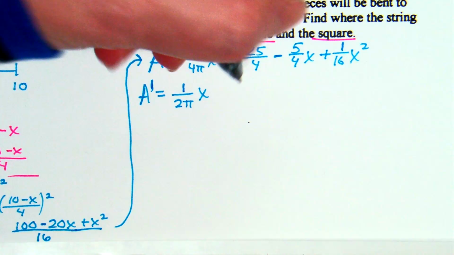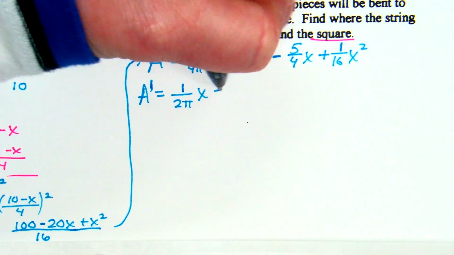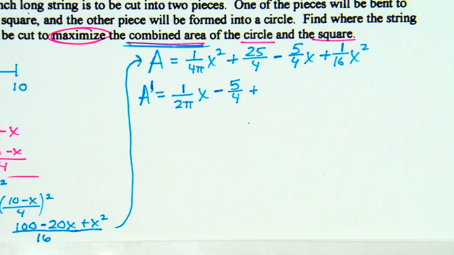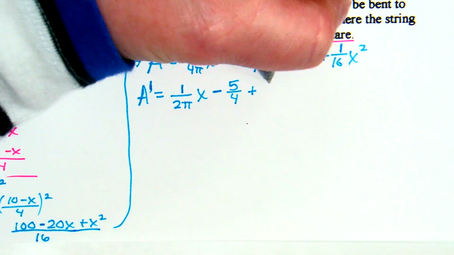Derivative of minus 5 fourths x, minus 5 fourths, plus the derivative of 1/16 x squared. Multiply the 2. 2 times 1/16 is 2/16, which reduces to 1/8 x.